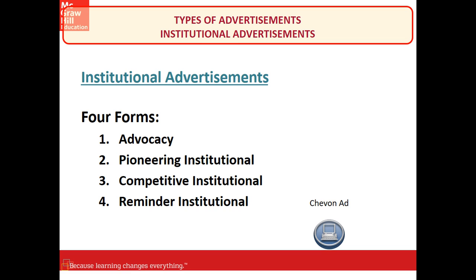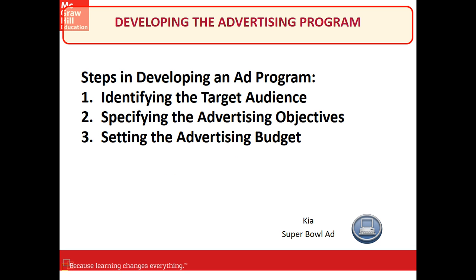And also there is institutional advertisement for institutions like universities and nonprofit organizations. The four forms: advocacy, pioneering institutional, competitive institutional, and reminder institutional. And the steps in developing an ad program: you need to first identify your target audience, then your advertising objectives, what you want to achieve, and set your budget.